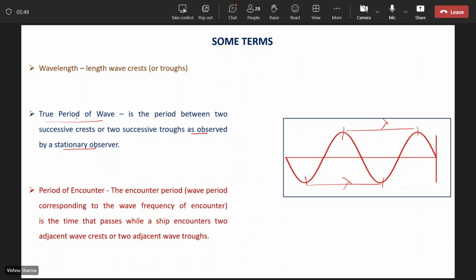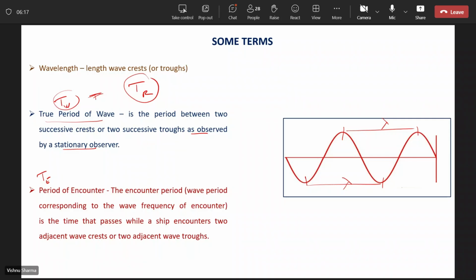The observer is not stationary. Okay, so we have three terms: wavelength, true period of the wave, and the period of encounter. This will be represented as TW, and this will be represented as TE, and TR will be the natural period of roll of the ship.